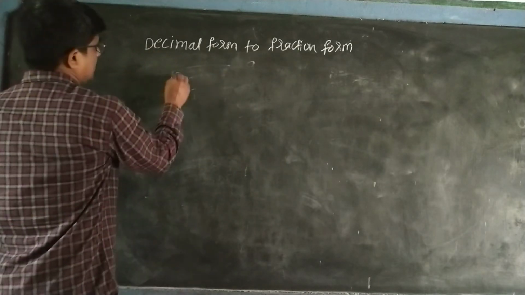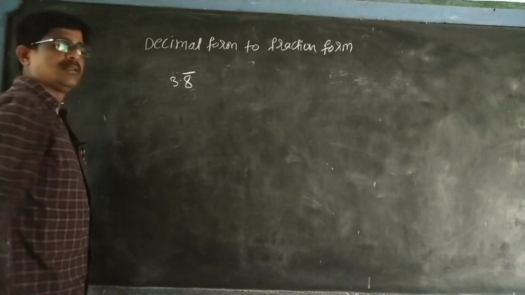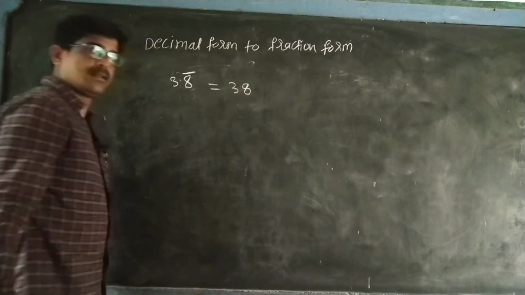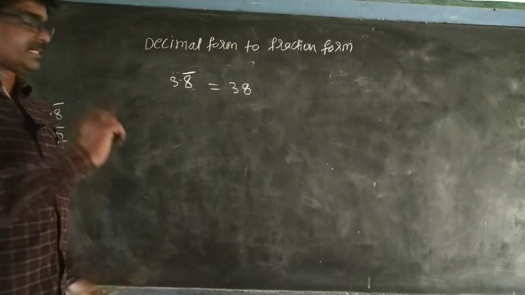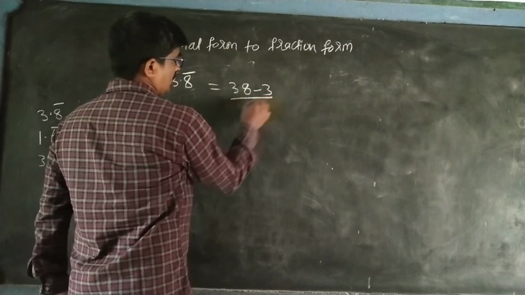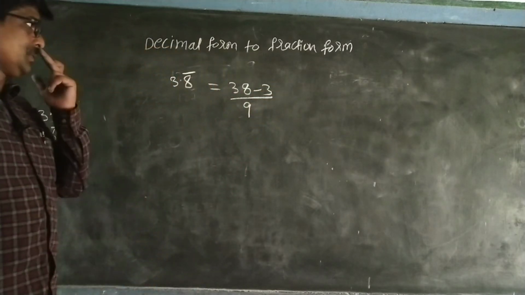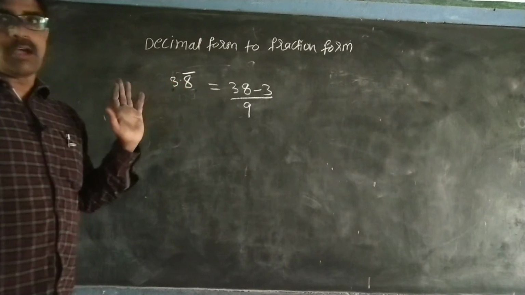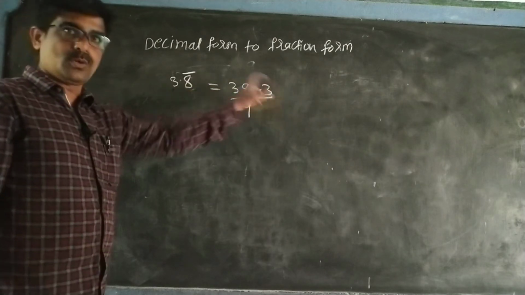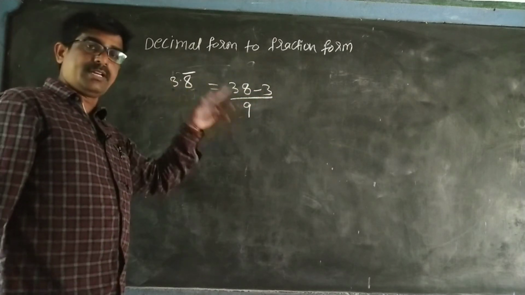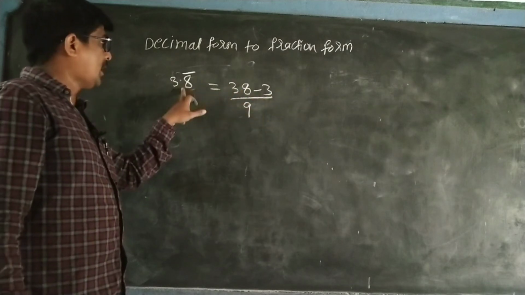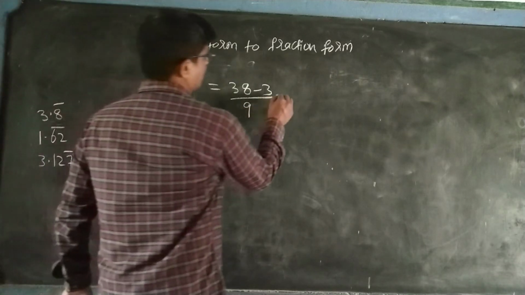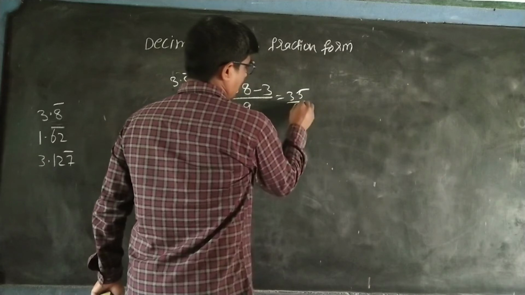Same 3.8 bar: point after 1 decimal, so write 38. Subtract the number that doesn't have the bar, which is 3, so 38 minus 3, and in the denominator as many 9s as the numbers repeating. Only one number repeats, so 35 by 9.